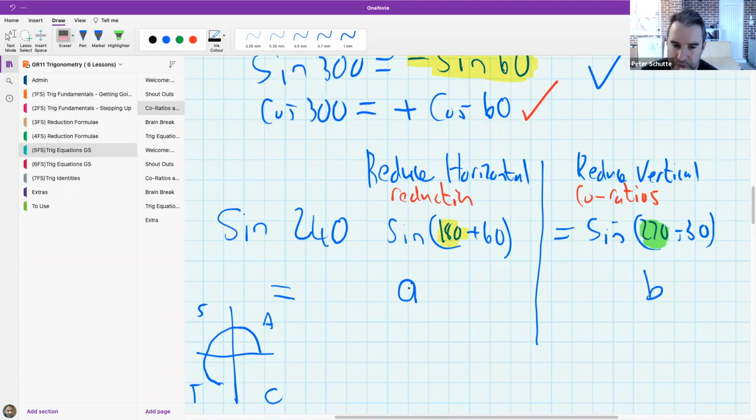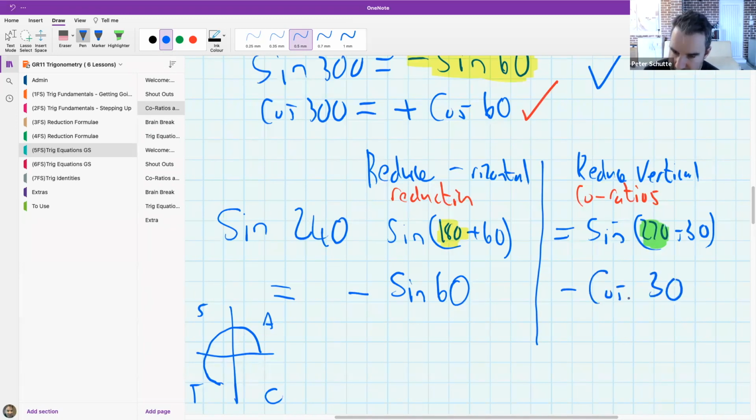Okay. Now, if I use the horizontal axis, the trig ratio is going to stay the same. It's going to be negative, and then it's going to be sine 60 for this one. For co-ratios, it's still going to be negative, but it's going to be cos 30.